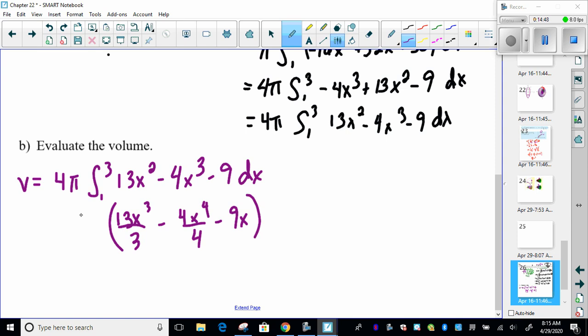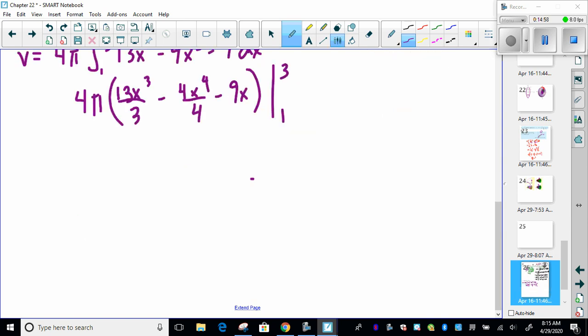All of that is multiplied by 4 pi, and that is evaluated from 1 to 3. The math starts to get a little bit messy as you go through here, but it's not very complicated. It's just evaluating your integrals like we normally do. We'll leave this 4 pi outside here, we don't want to multiply that through.